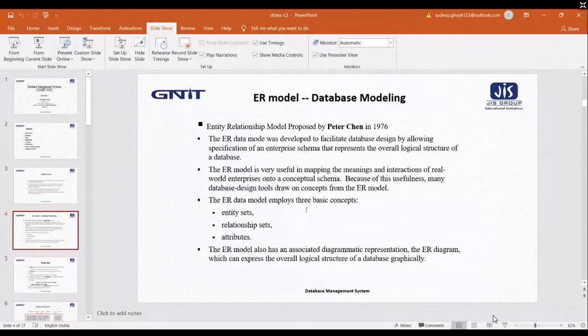The ER data model employs two basic concepts. One is entity sets, one is relationship sets, and another one is attributes. Entity sets and entity type are similar. For relationship sets, I am a teacher, so consider the relationship between a teacher and a student. If I consider an individual student, I have a relationship with that individual student, that is, I teach that individual student.